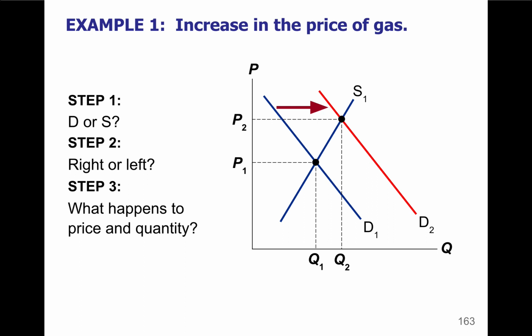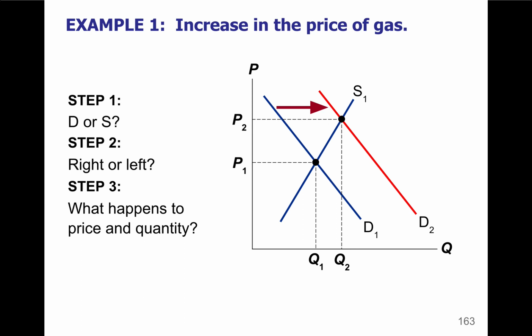So if we had to explain this, you could say that an increase in the price of gas means that one of the complements to buying a car, gasoline goes with a car, is now more expensive. And so sometimes when the complement is more expensive, people don't want to buy cars that are going to have a lot of gas.